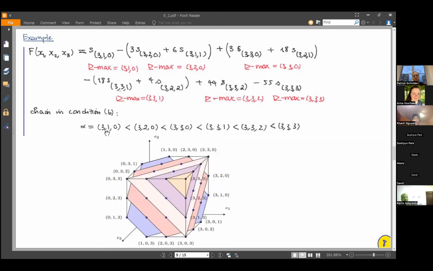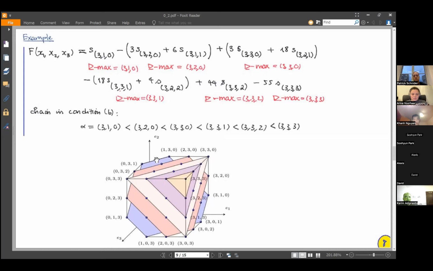For example, I have 3, 1, 0, and now if I put one box in the northmost row, such that the result is still a Young diagram and it is less than 3, 3, 3, I get 3, 2, 0. Similarly, to construct 3, 3, 0, I start from 3, 2, 0, and try to add one box in the northmost row, so that we still get a Young diagram between alpha and beta. So I get 3, 3, 0, and so on.